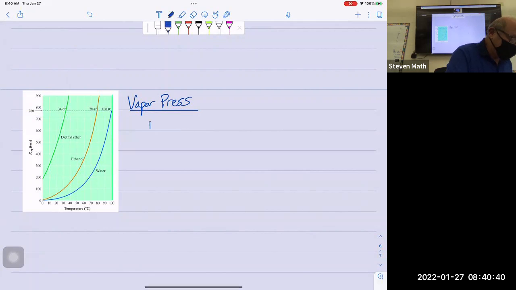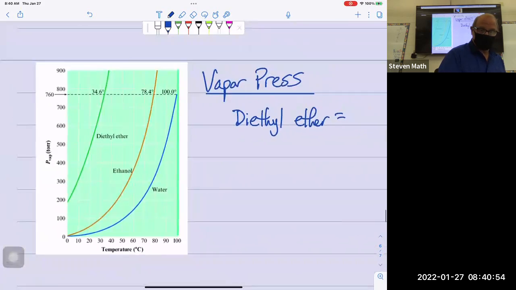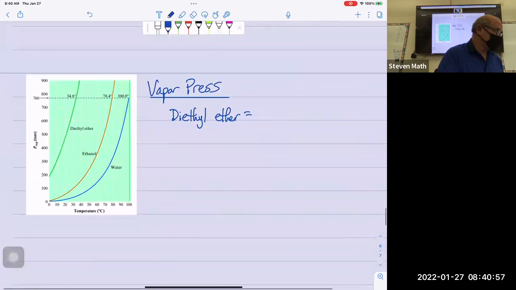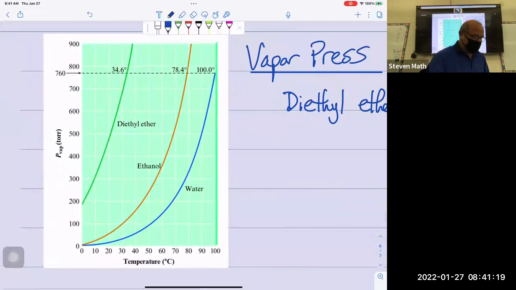What we have is diethyl ether, which we don't know anything about. It's on page 417, but it's your vapor pressure chart. It's not really worth copying too much verbatim. It's more the interpretation.